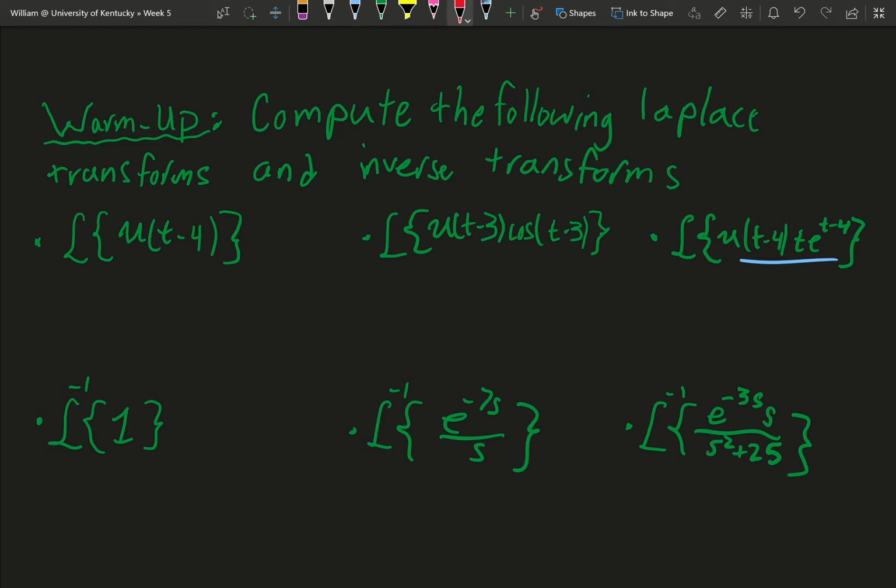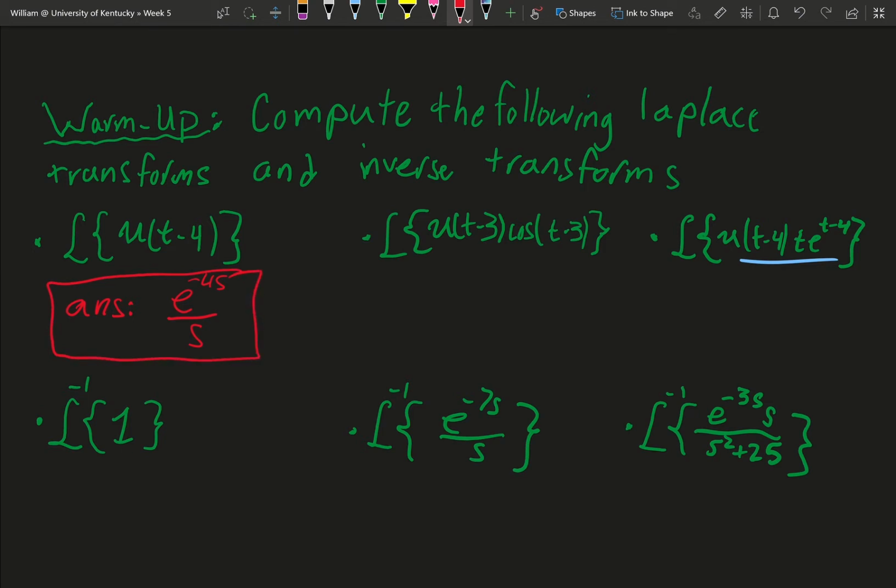All right, let's go over the answers. So this first one's pretty easy. You could really just use the rule on the previous page. Negative 4s over s is going to be the answer there.